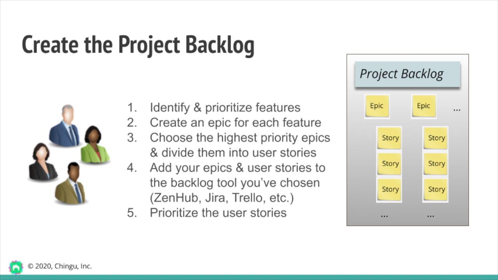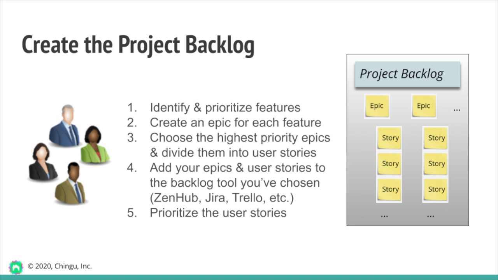The second step in creating your MVP is to build a project backlog that contains the tasks you'll need to complete to reach it. This is a living document that you'll be updating in each and every sprint during the voyage. You may use any tool you wish to manage your backlog. Some of the most popular are ZenHub, Trello, and Jira. But your team is free to use whatever you'd like as long as it allows the backlog to be shared across the team.